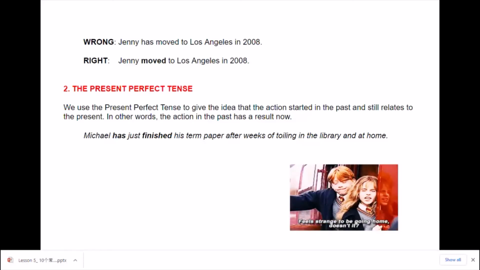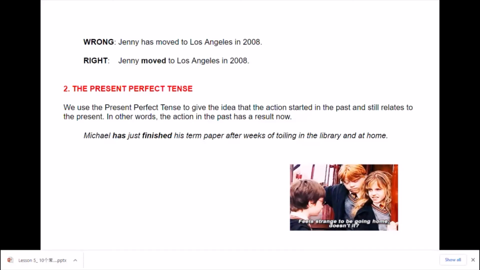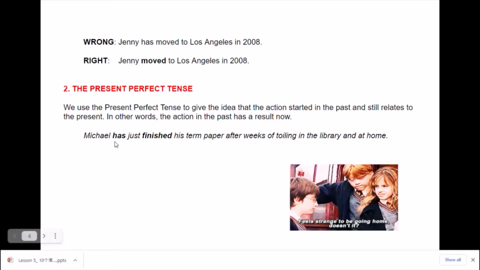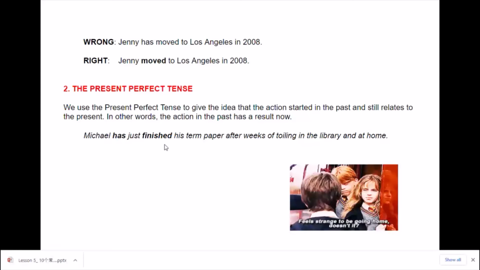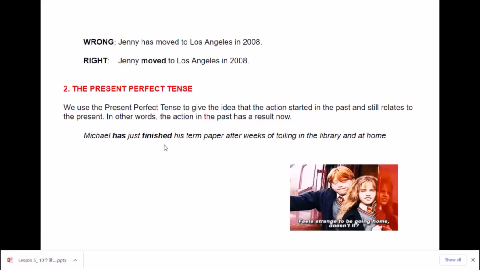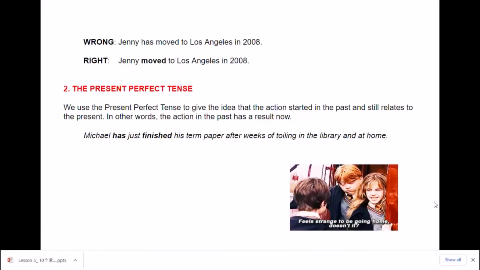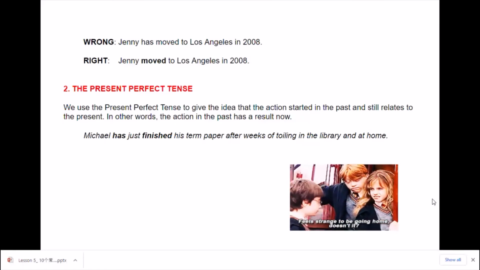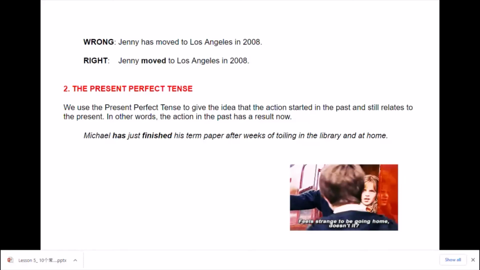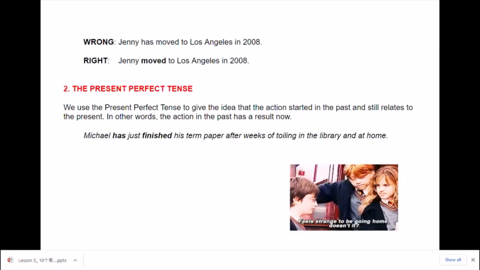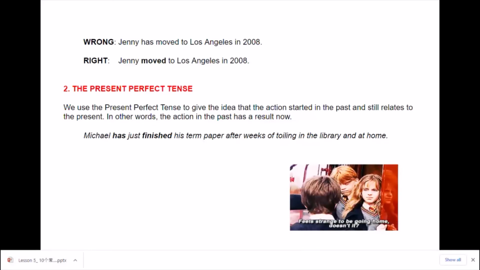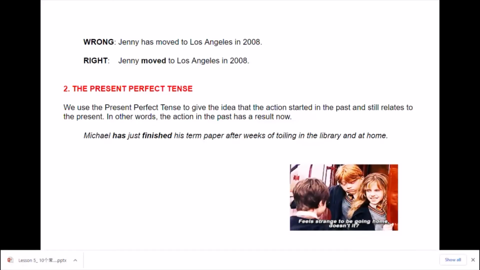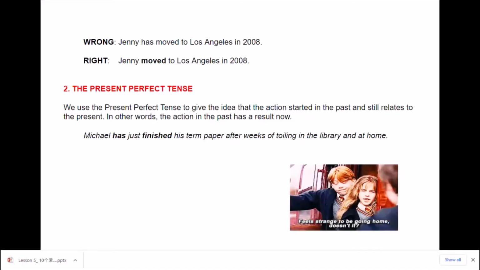At the time of speaking, that means right now, it's finished. So we use the present perfect tense. Okay? For example, I began reading the novel last week. Right now, it's finished. So I've just finished the novel. Right? It's the present perfect tense.